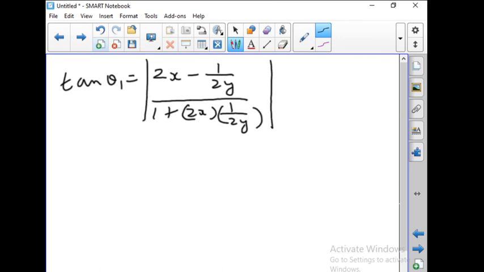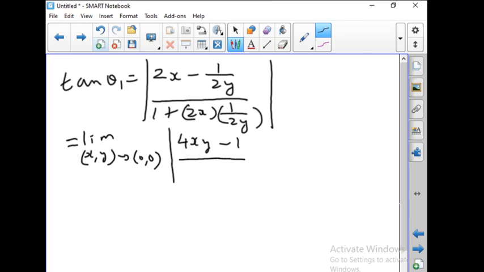Here, what is given now? Limit x, y tends to (0, 0), since (0, 0) is the point of intersection. Taking LCM, the numerator is 4xy minus 1, and here taking LCM, the denominator is 2x plus 2y. The denominator 2y will get cancelled.